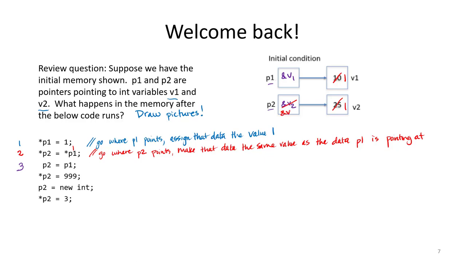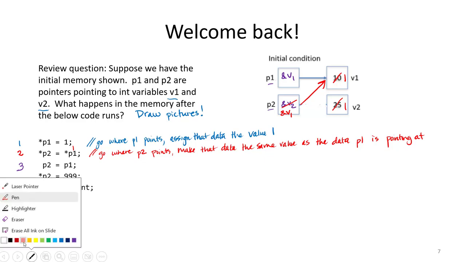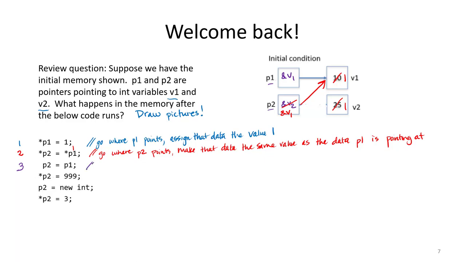Pointer P2 is now going to hold the same thing that pointer P1 has. So now you can see that this line of code in line 3, we're making P2 point where pointer P1 is pointing. Because notice now pointer P2 and pointer P1 must be pointing at the same memory address.